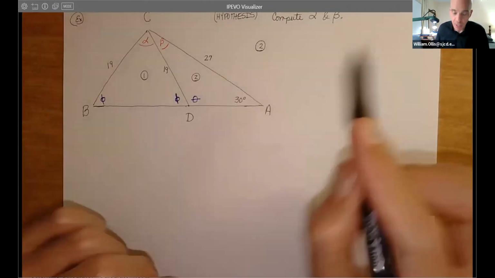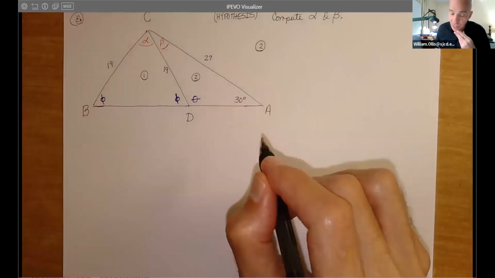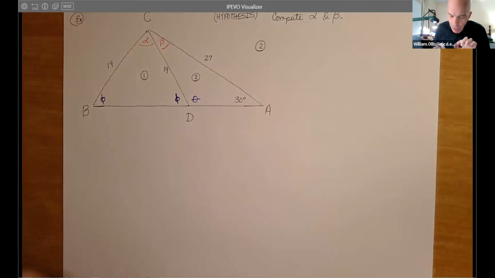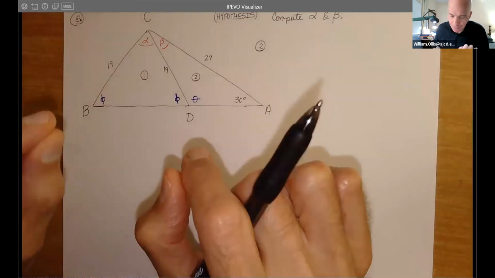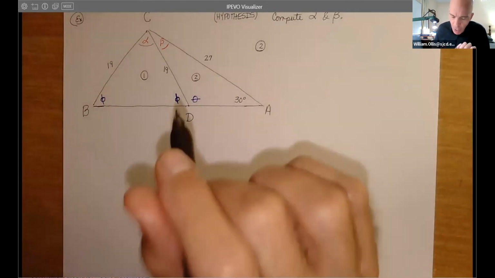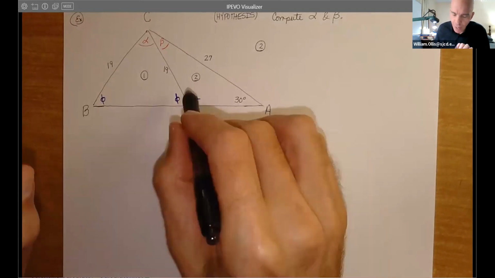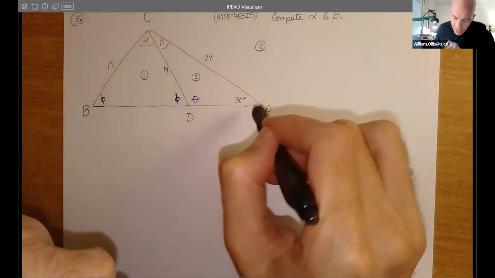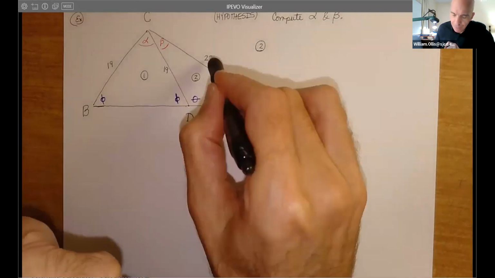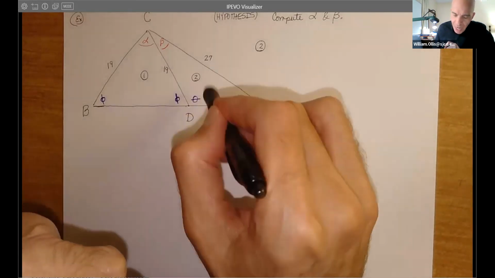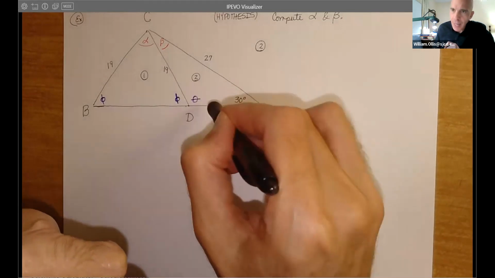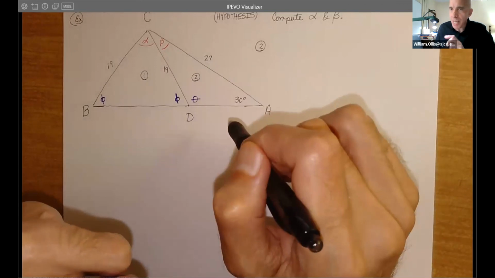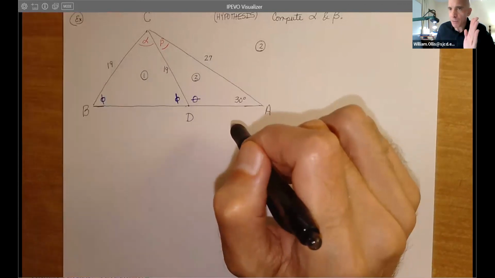So I'm just using nice little Greek letters to keep us sane. You can add these all over the place to keep your life copacetic, so to speak. Now, notice what we have here. We've got this obtuse triangle, with the shorter side here and a longer side here. So when we compute this angle, it's not going to be the angle we get from the inverse sine, because that's going to be between 0 and pi over 2.